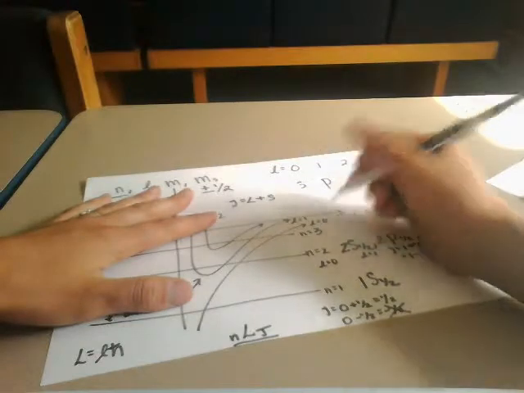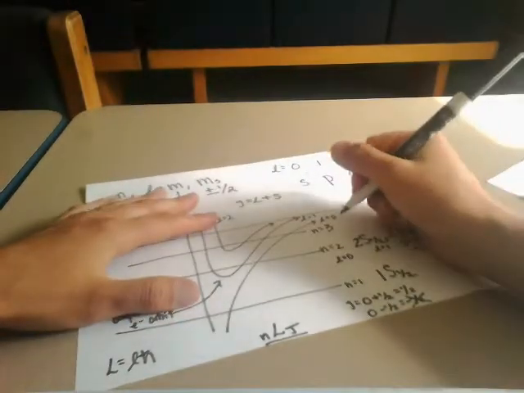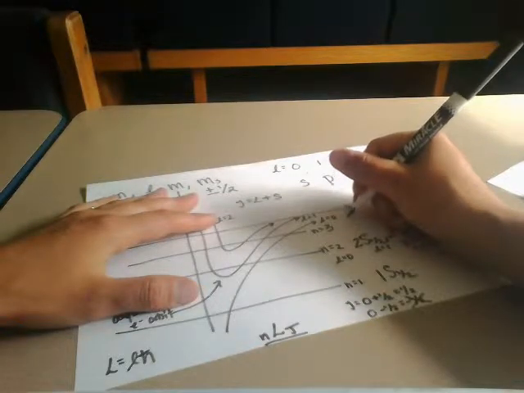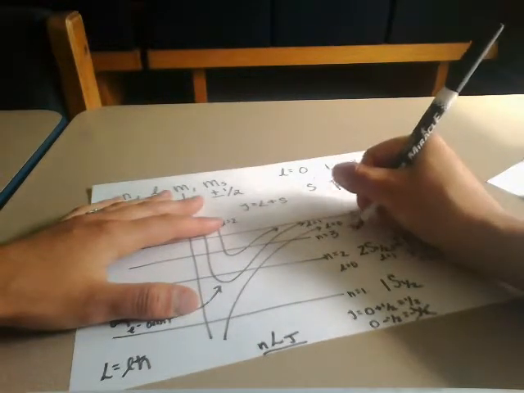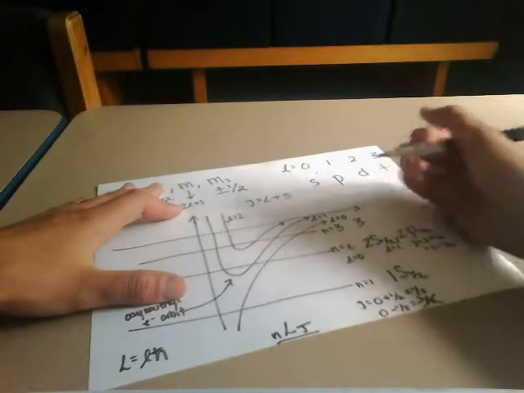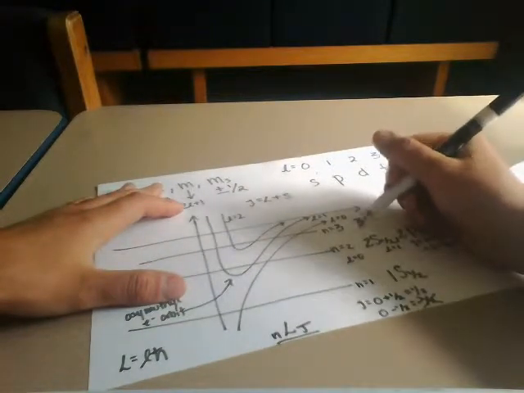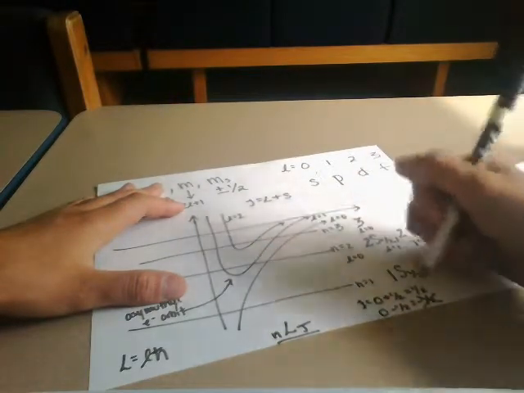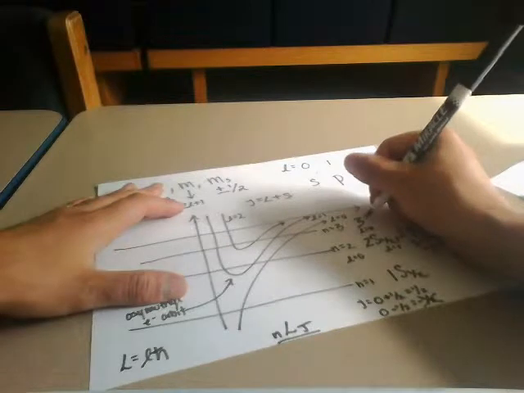Makes sense. N equals 3, we'll do one more. We have our N being 3. L can now still be 0, in which S is still going to be 1/2 as we showed earlier.